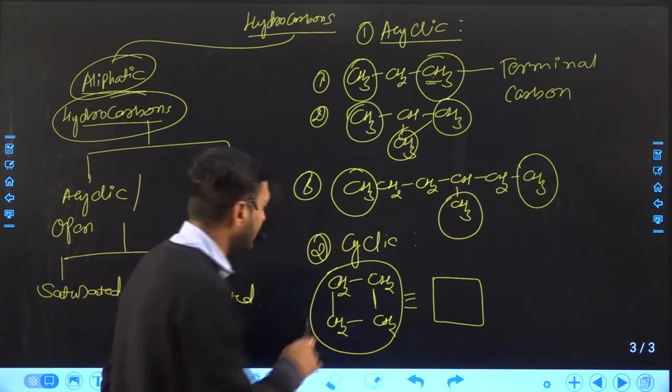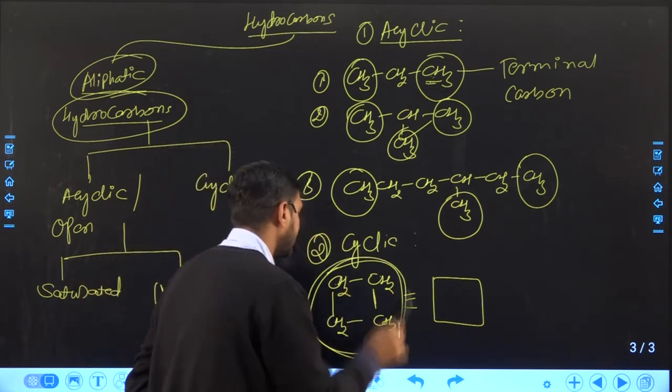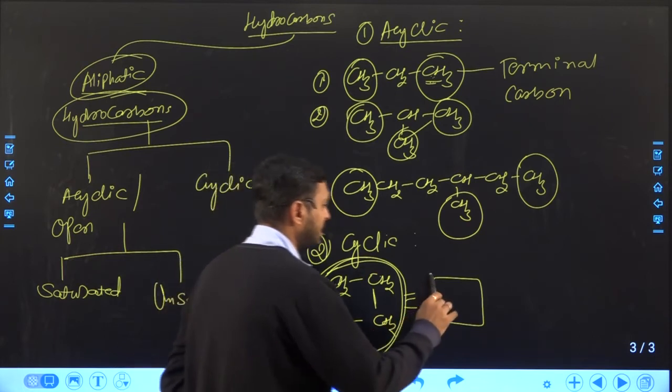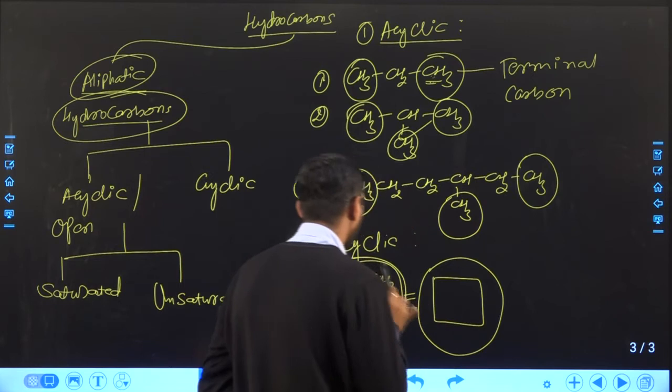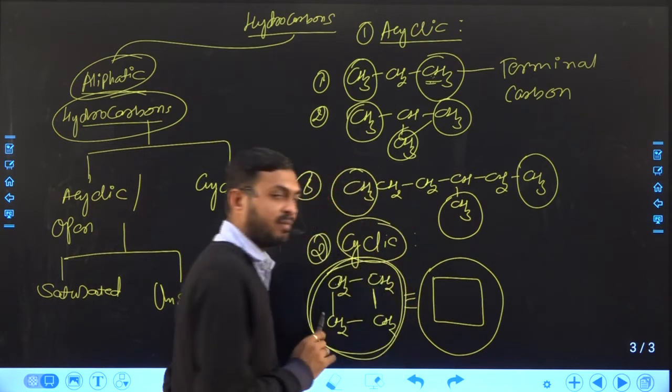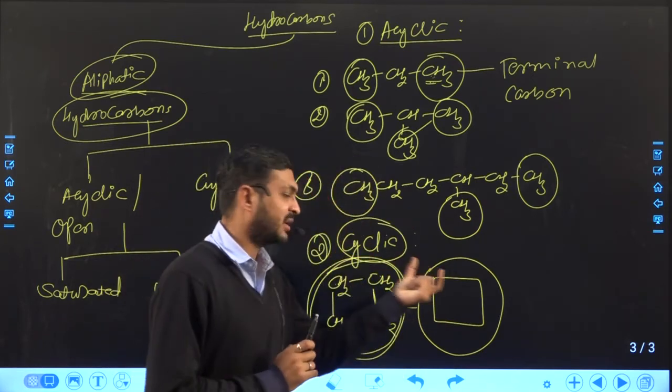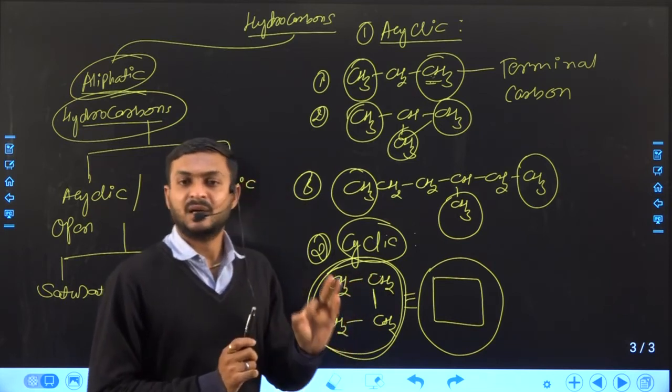So it makes a cycle, a structure like a cycle. That is why this type of compound is known as a cyclic compound.